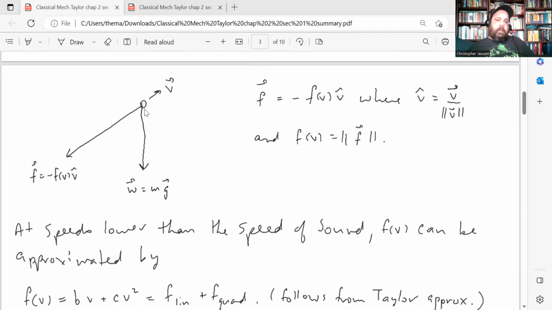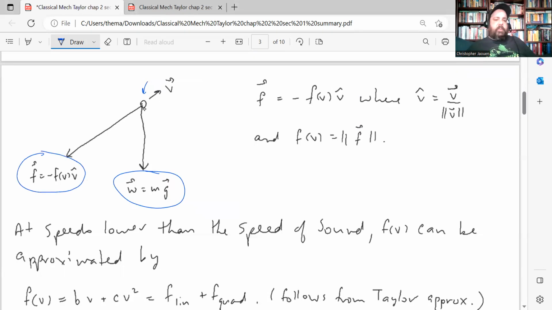Let me bring my pen out. So that's the object or the projectile that's moving. It's subject to the force due to gravity, so its weight pulls it down. And then this is the resistance force, which is proportional to the velocity, which goes in this direction. And notice that the way that we've drawn it, the air resistance goes in the completely opposite direction.